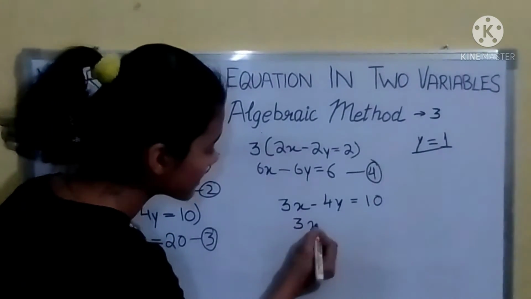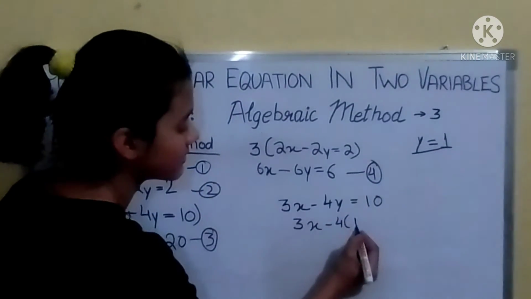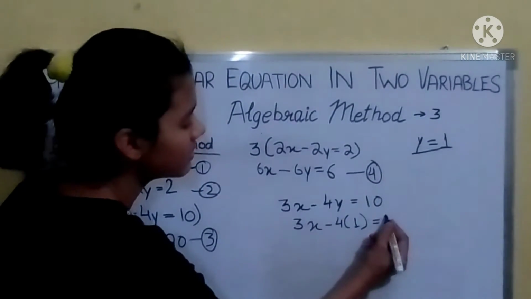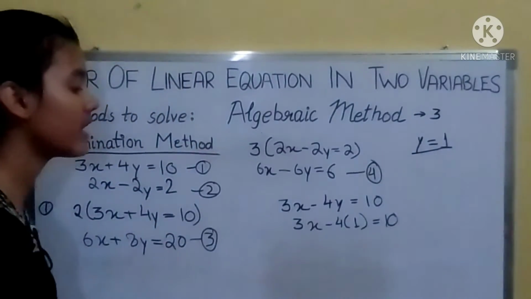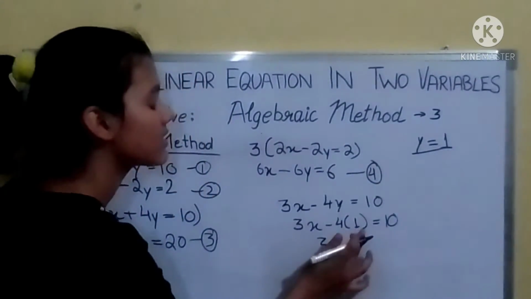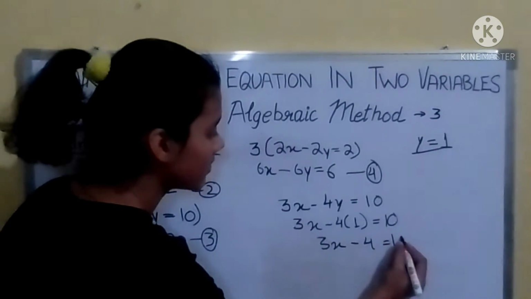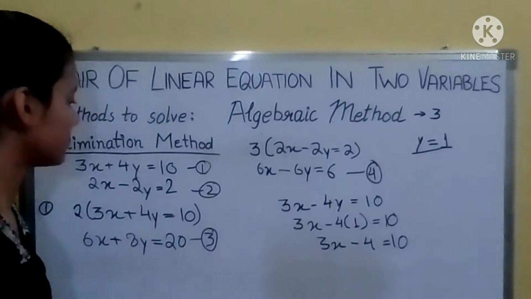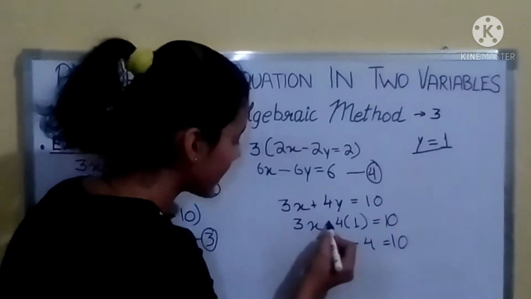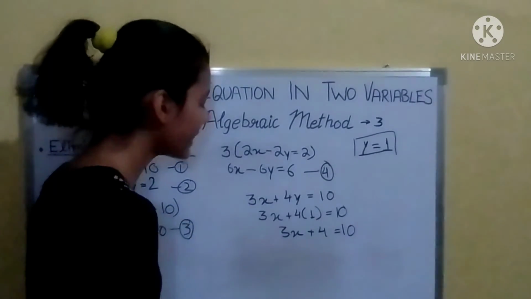So 3x, the value of y that we got is 1, is equal to 10. Okay. So 3x, then this was 1. So minus 4 only is equal to 10. Oh sorry, this was plus. Okay. 3x plus 4 is equal to 10.